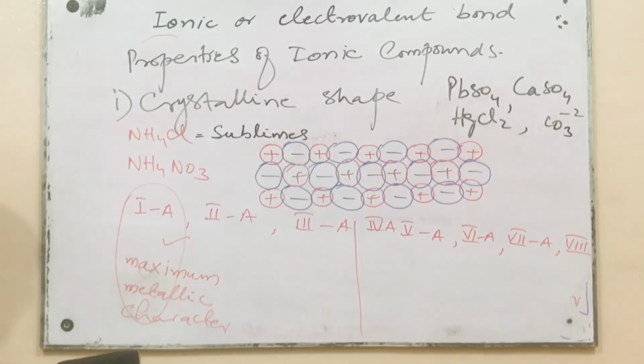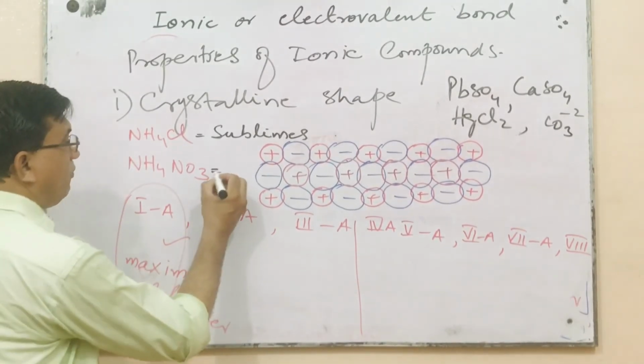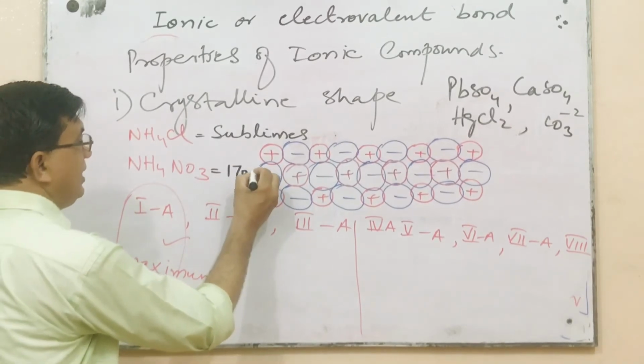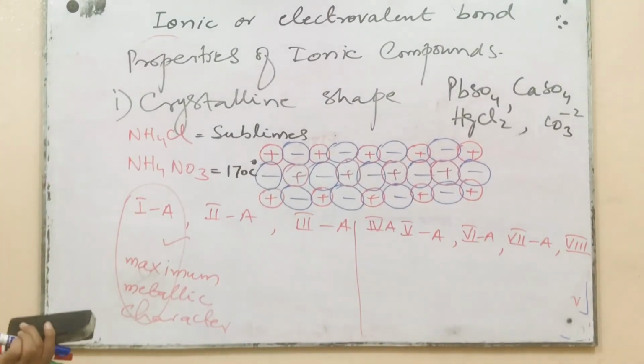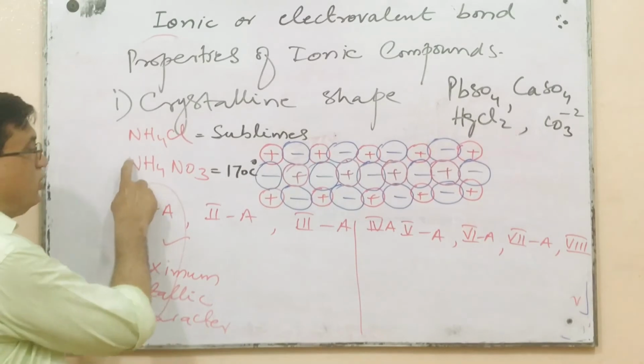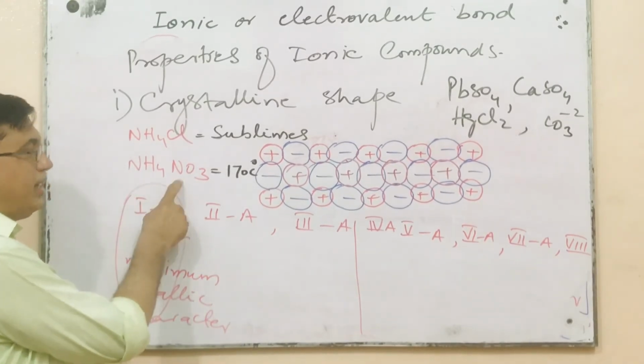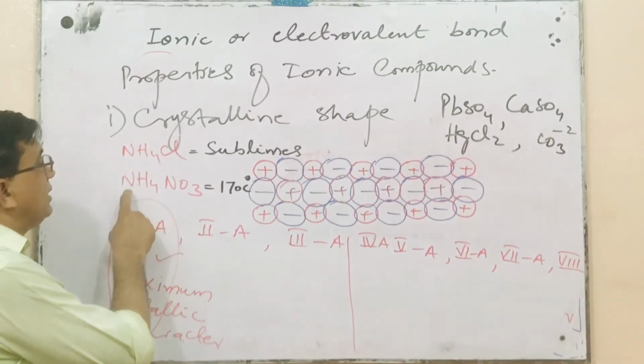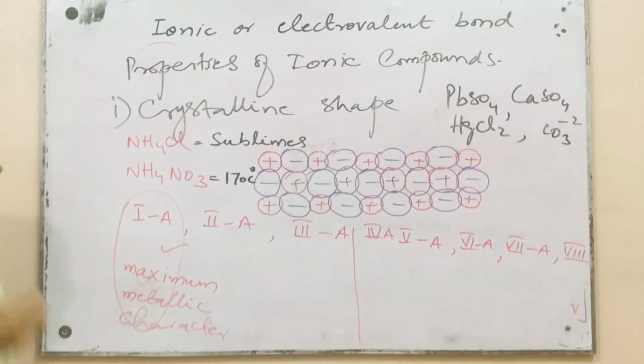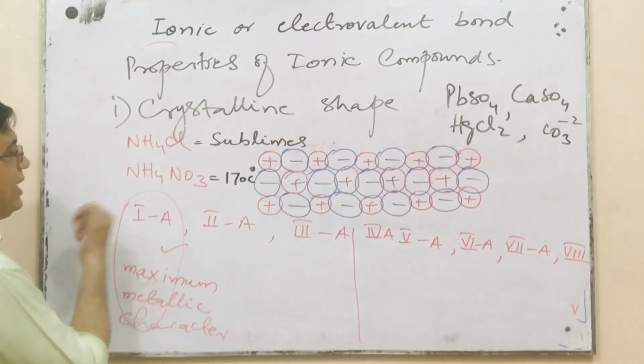Similarly, ammonium nitrate has a melting point of 170 degrees centigrade. It means that no doubt it is an ionic compound, but it is a little bit of an exception, its melting point being very low.